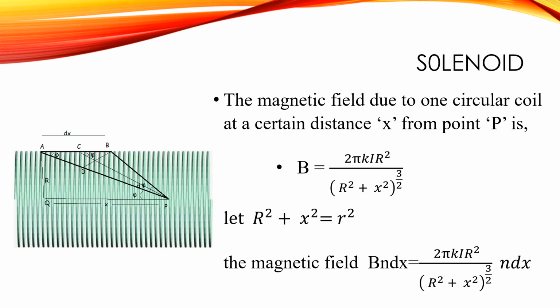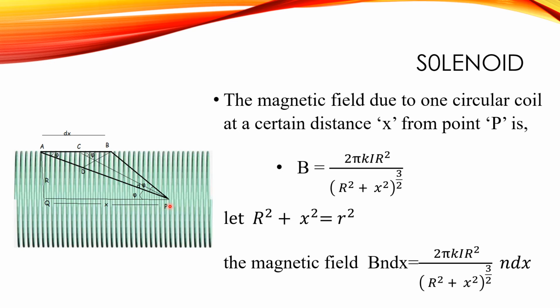For this, we have this figure of a solenoid, and it represents a linear cross section of a solenoid whose coiling is such that it has n number of coils per unit length. Let this point P be a point where the magnetic field due to the whole solenoid is to be determined.